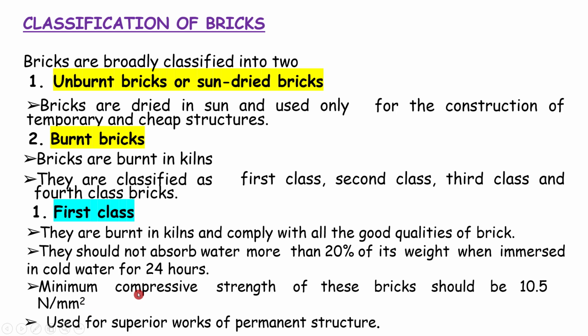The minimum compressive strength of this brick should be 10.5 newton per mm square. So when the bricks are tested for compression, the compressive strength should not be less than 10.5 newton per mm square, and these are generally used for superior works of the permanent structure.